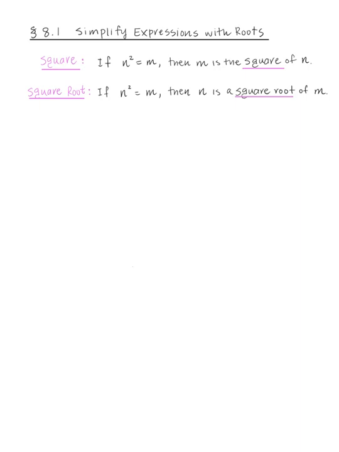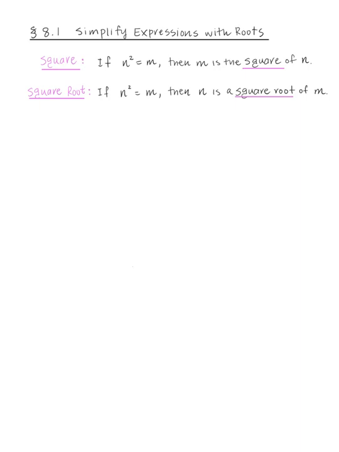So let's first notice the difference between square and a square root. If n squared equals m, then m is the square of n. And in the square root, if n squared equals m, then n is a square root of m.